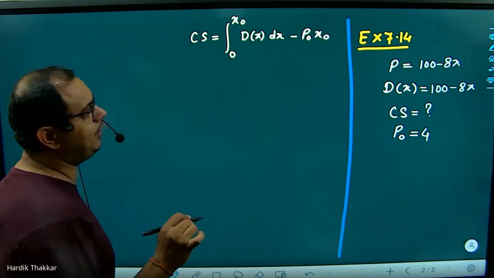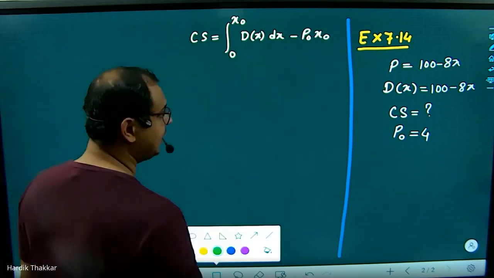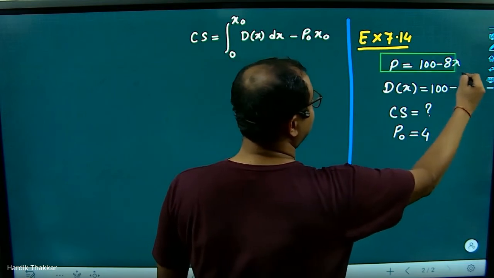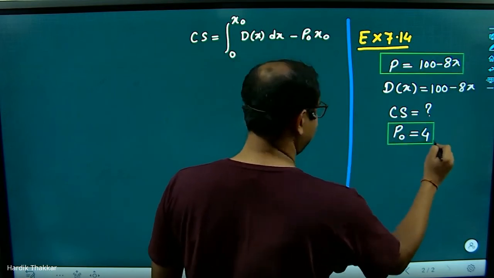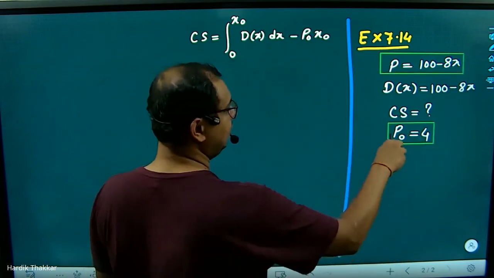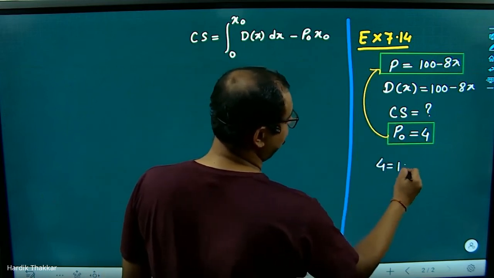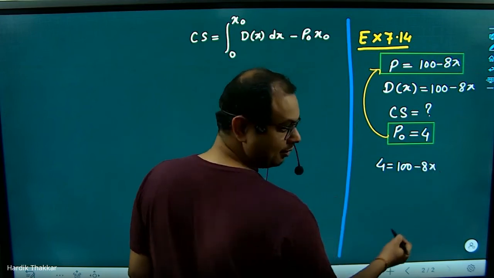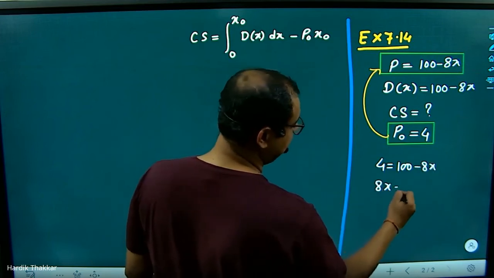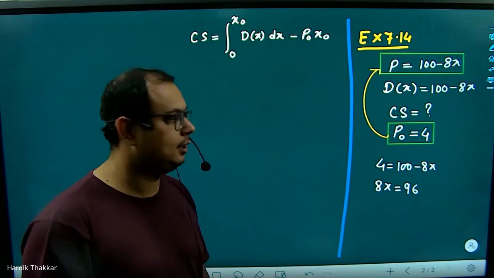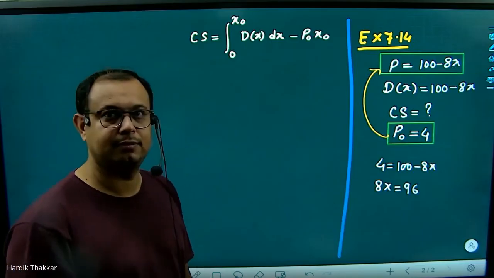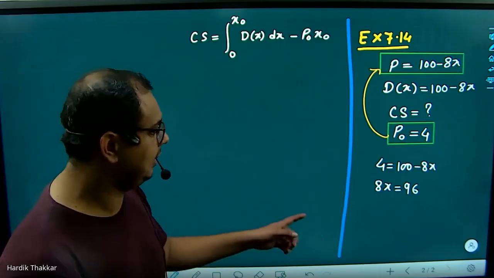So first we need x naught, and how can we get x naught? Just put the value of p naught in this demand function, in place of p. So it will be 4 is equal to 100 minus 8x, correct? This is the demand function and the price is the same.